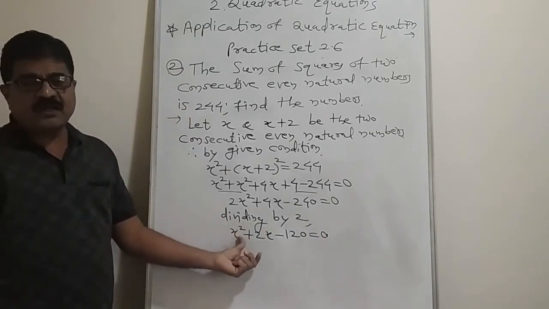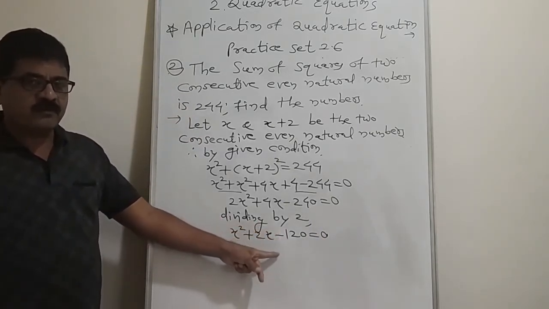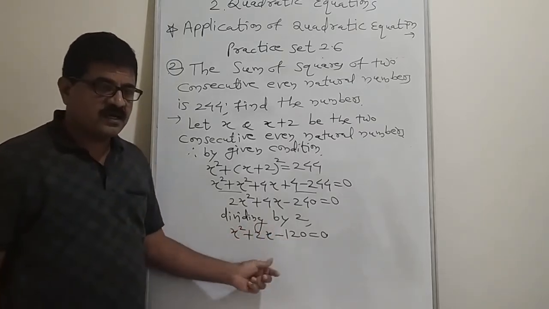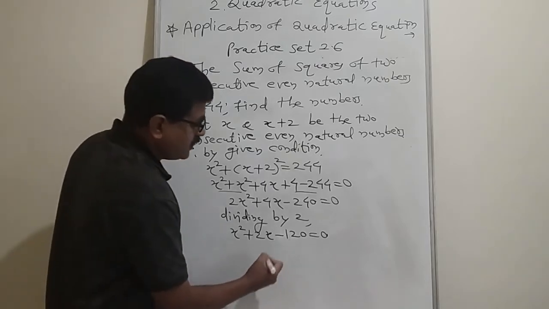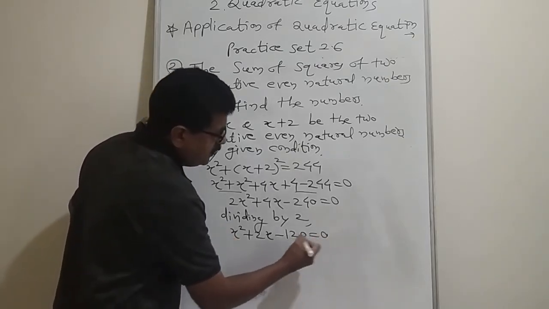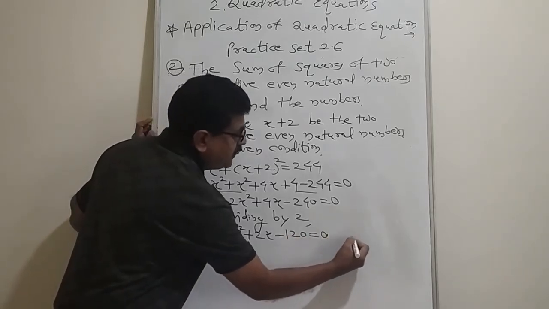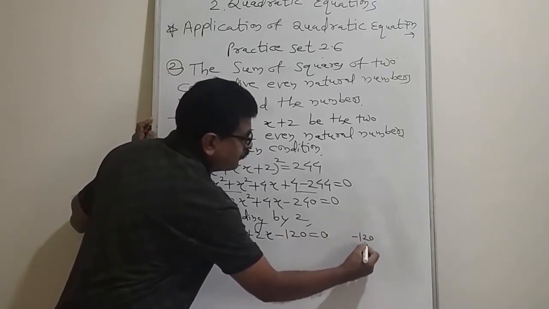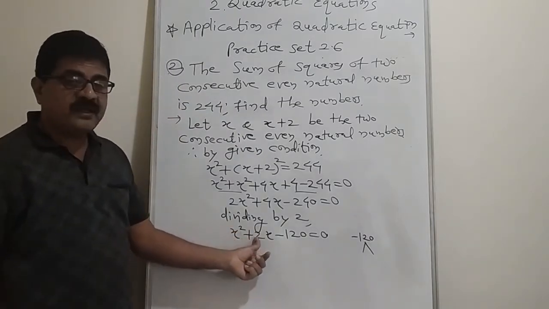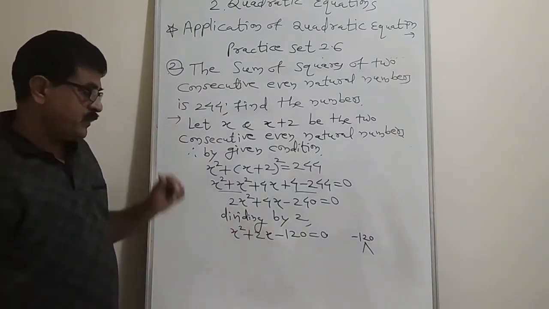Now this is a quadratic equation in standard form. Now we have to find the values of x, that is, the roots of this quadratic equation. Here the coefficient of x square is 1. 1 into minus 120, that is minus 120. We have to find two terms whose difference must be 2.